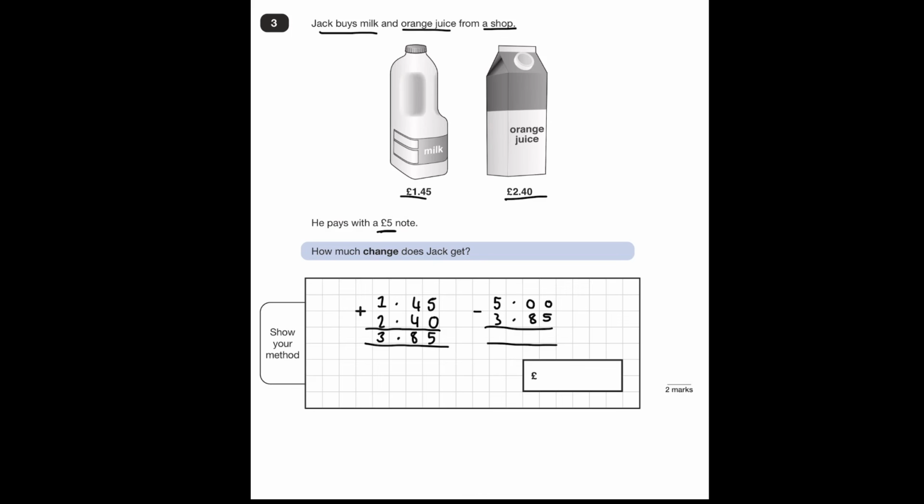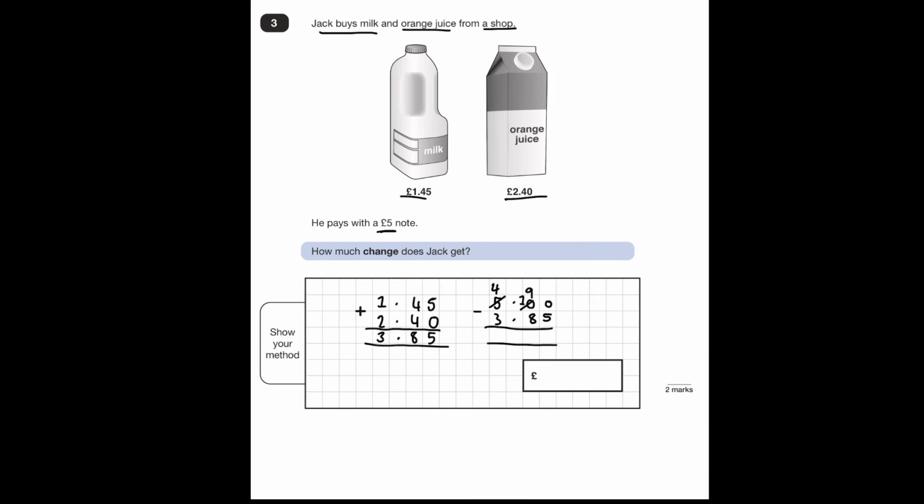And we also can't borrow anything from the tenths column. So we need to go all the way to the ones column, cross that out to make it 4 ones, and then exchange 1 one for 10 tenths, then cross out the 10 tenths to make it 9 tenths, to exchange 1 tenth for 10 hundredths.